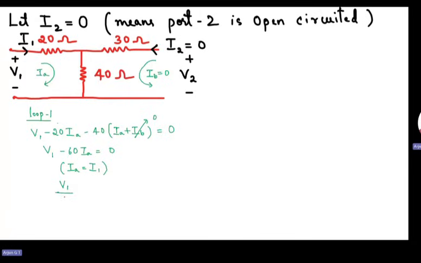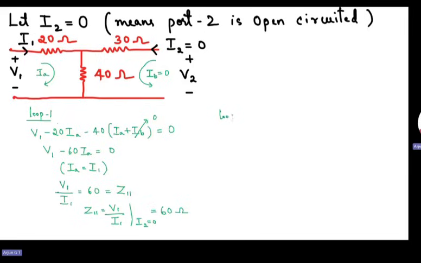Therefore V1 by I1 becomes 60, which is Z11, calculated by considering I2 equal to 0. So Z11 is 60 ohm. All Z parameters have the unit ohms.